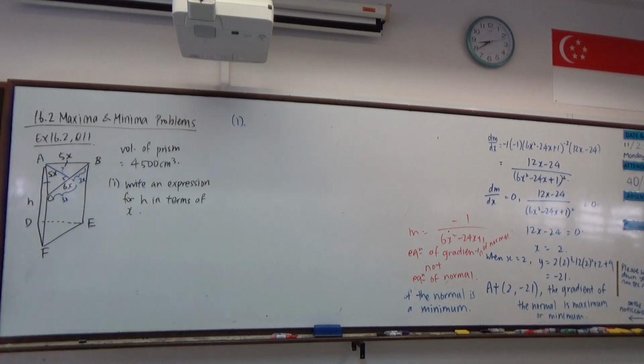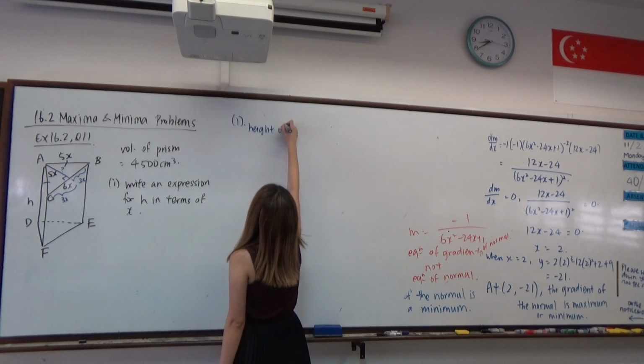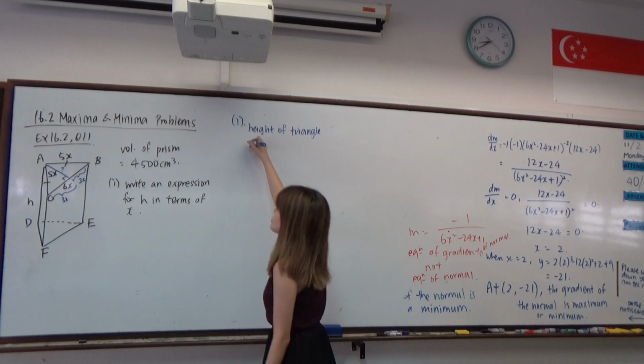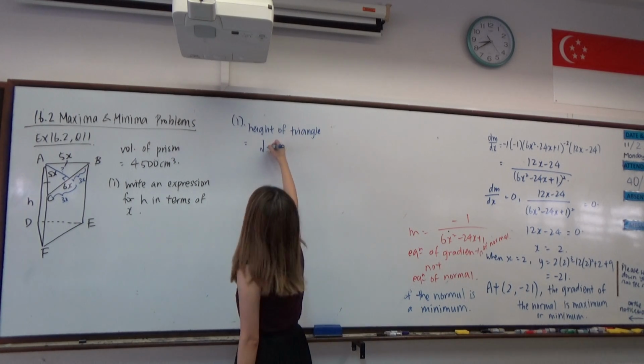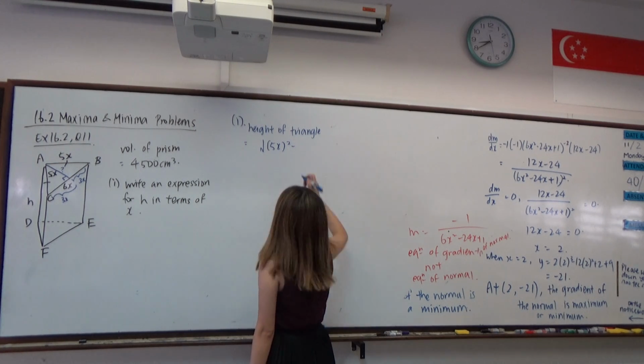So therefore, height of triangle, please do not use h. h is already used somewhere else. That will be equals to the square root of 5x squared minus 3x squared.